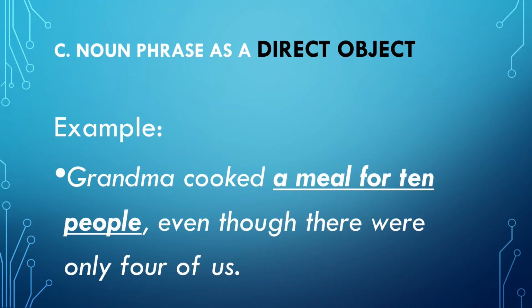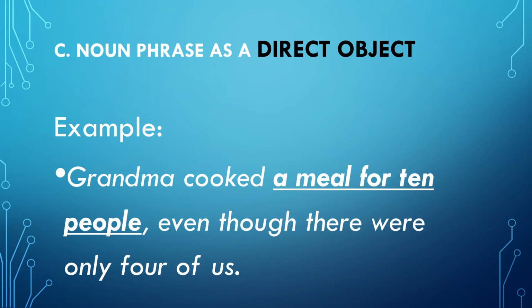Is it the grandma? Are you going to cook your grandma? Of course, we cannot cook grandma, and we shouldn't do that. What is being cooked in this sentence is a meal or food for 10 people.